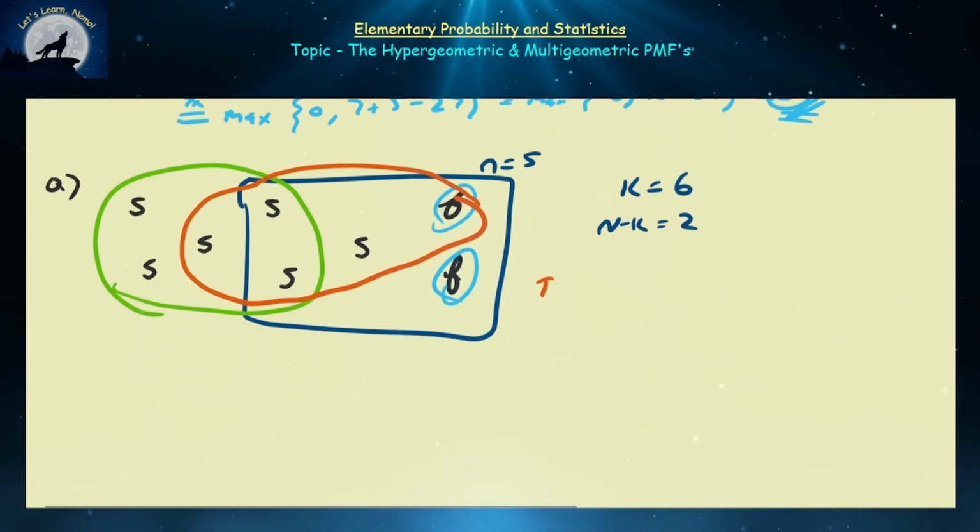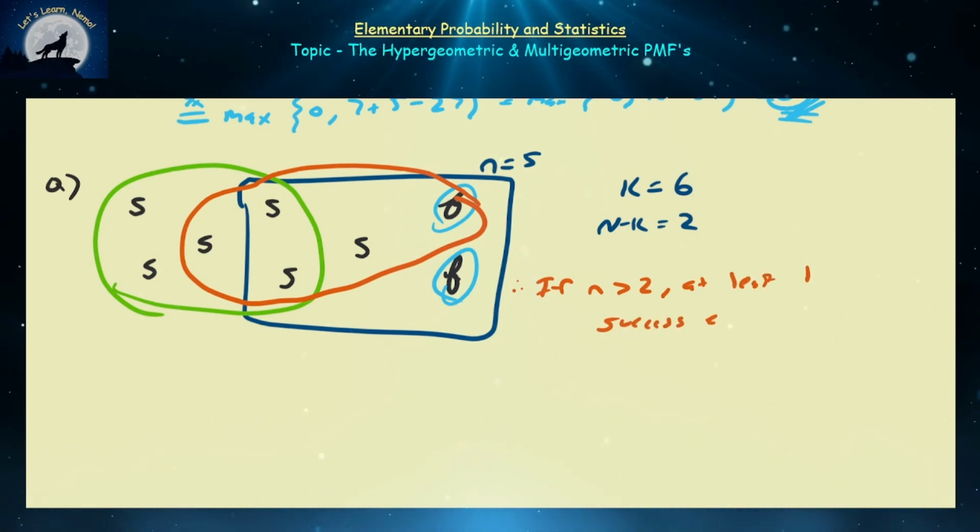So we can say that if n is bigger than 2, at least one success exists there in our sample.